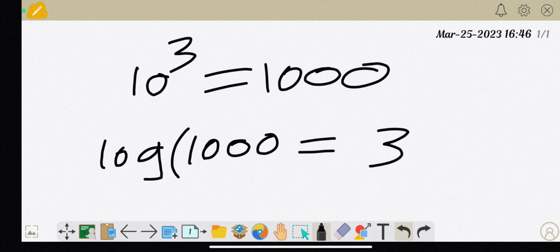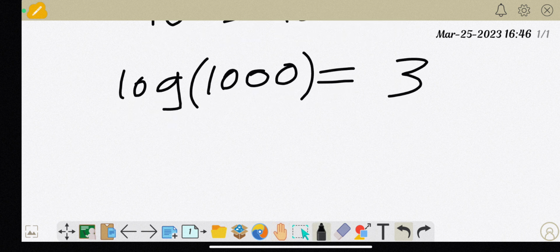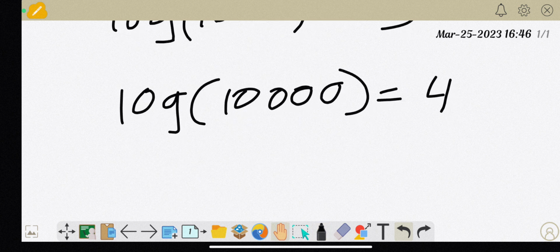If I apply log to any number, it will give me the power of it. Such functions are known as logarithmic functions. If I apply the log function to 10,000, the answer I get is 4. But note one thing: whenever you write a logarithmic function you have to specify the base.